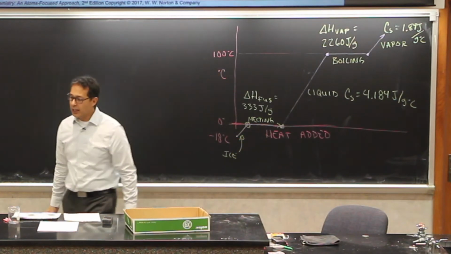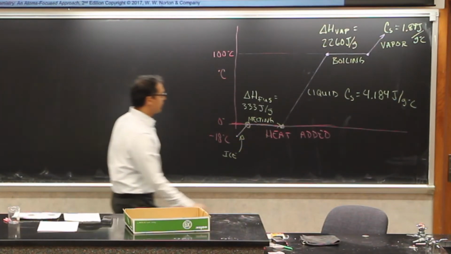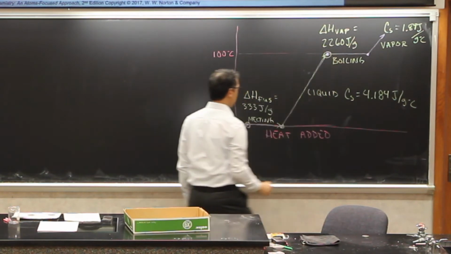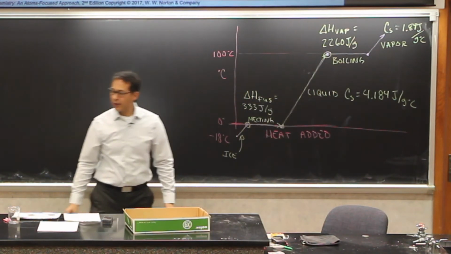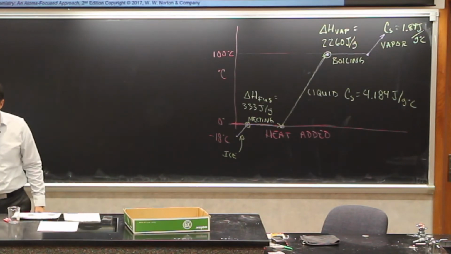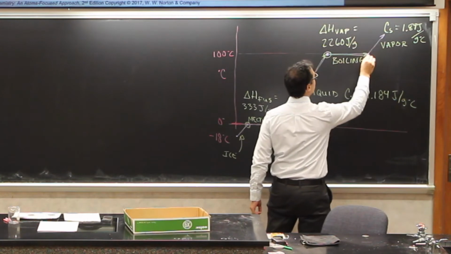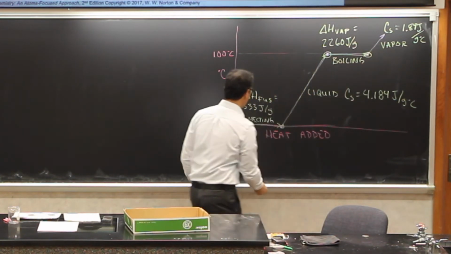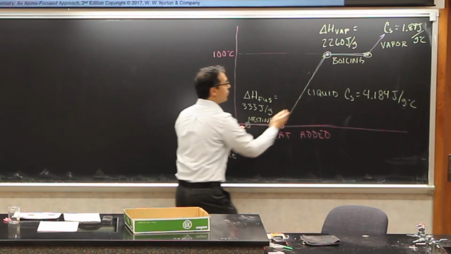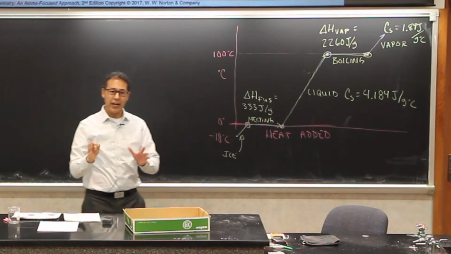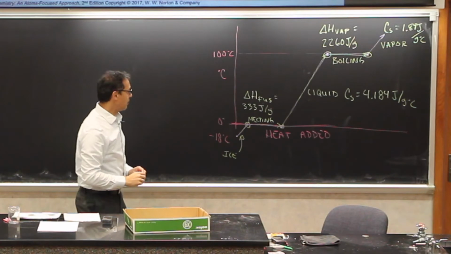And then we're going to have to heat it up to 100 degrees. And so we're going to end up here, like that. And then we're going to take it and turn it into steam. So then we'll end up over here, and that is where we end. So we're going to start here, and then we're going to end here. Now that means we have 3 different legs, 3 different calculations that need to be made.